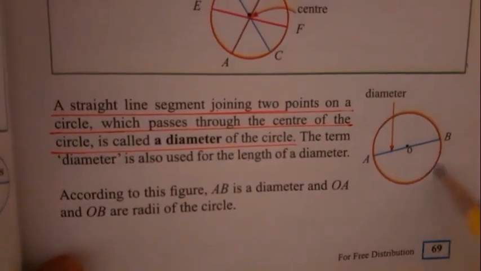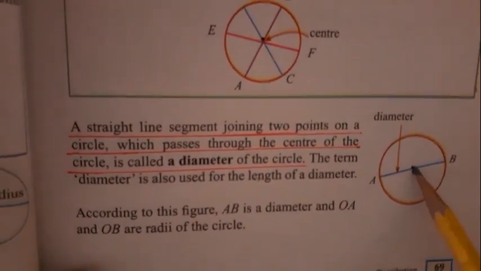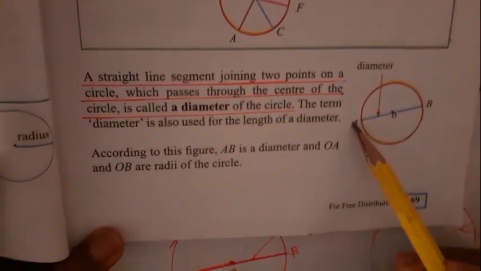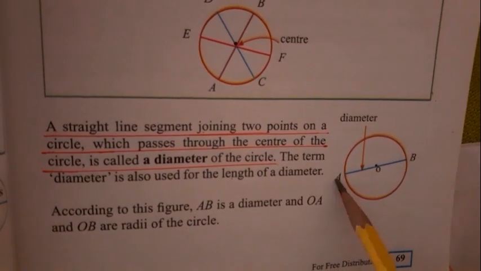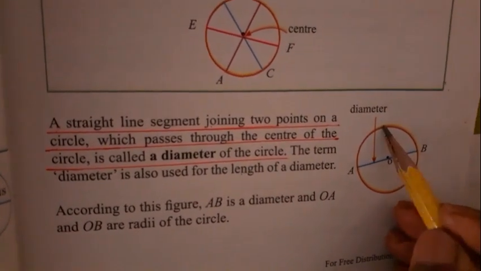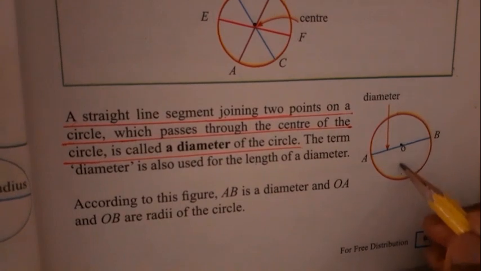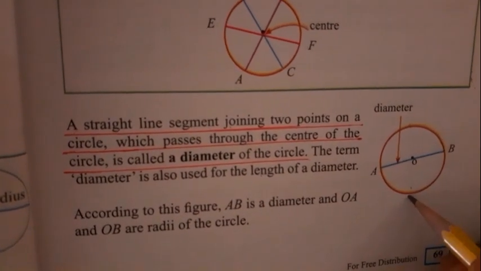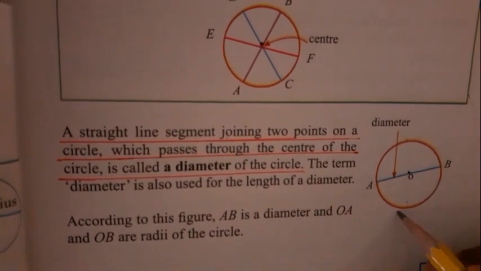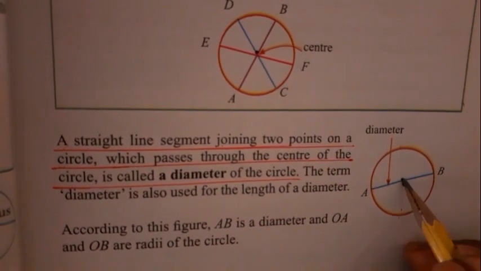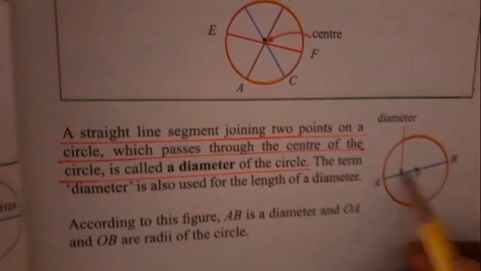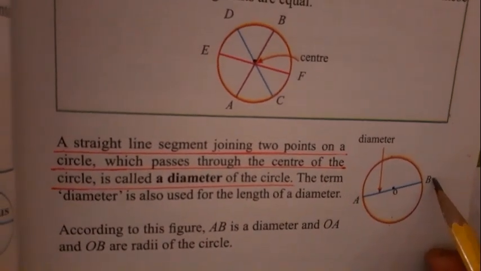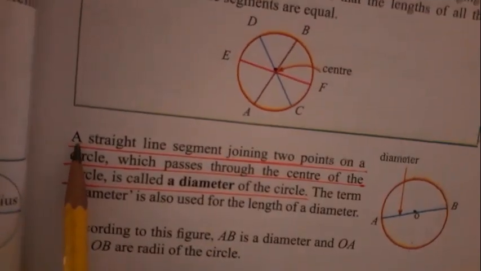You can see they have given the diagram and here the center, the straight line segment joining 2 points, A and B. If you mark 2 points, you can join them like this, but remember, it should pass through the center. This is the center. So AB is the diameter of the circle. Please underline.